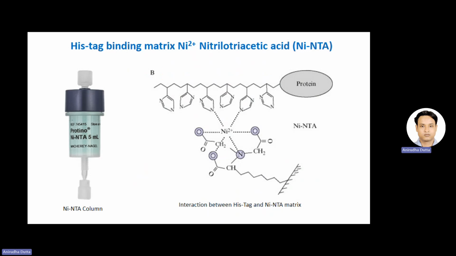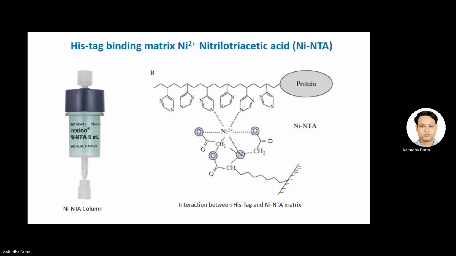Okay, and this is the way the nickel matrix interacts with His-tagged protein. You can see this is the inert part of the matrix, and there is a spacer arm, and then the NTA ligand, the nitrilotriacetate ligand.